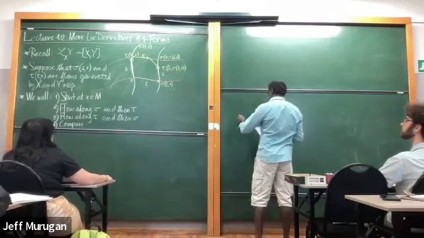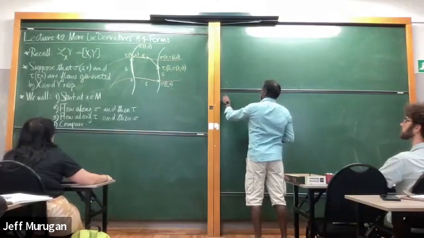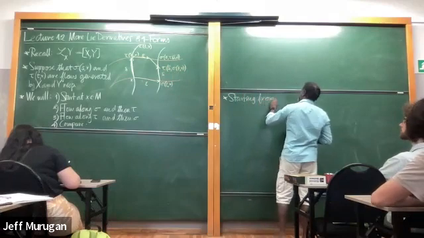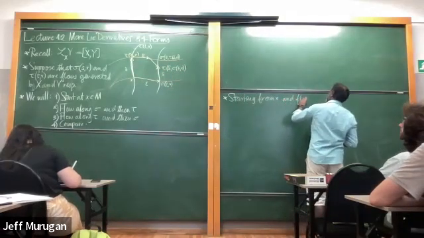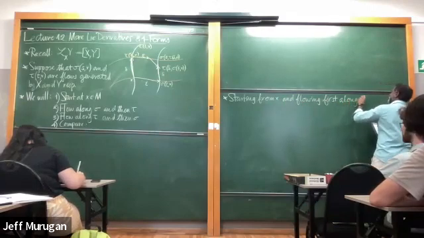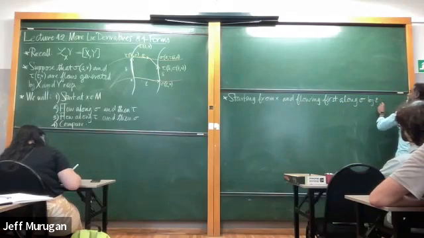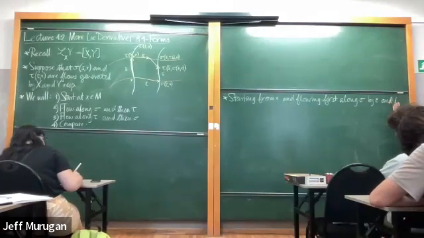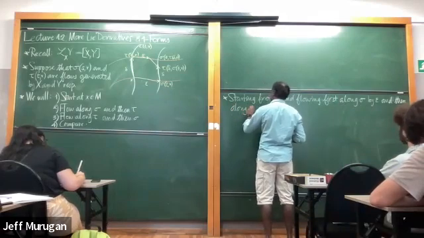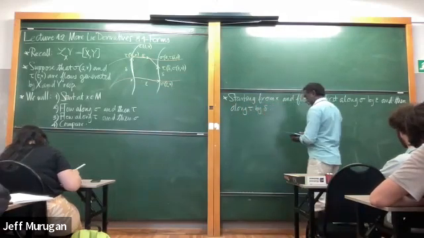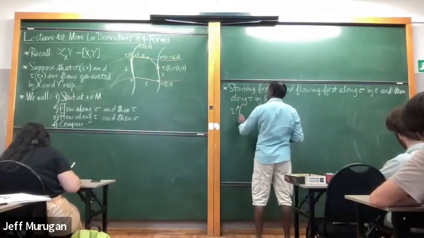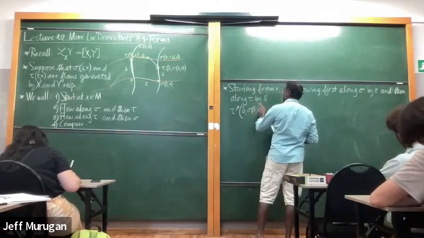So starting from x and flowing first along sigma by epsilon, then tau by delta, we'll get to the point tau of delta, sigma of epsilon, x.